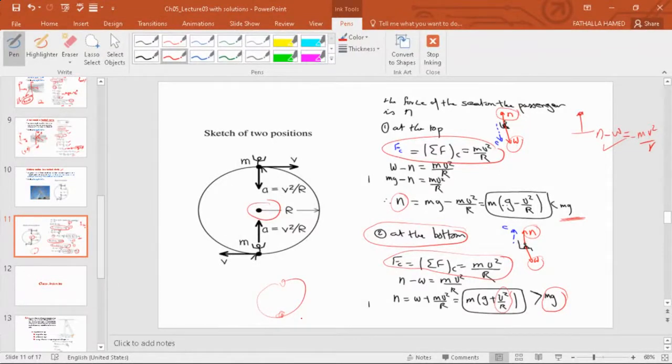Is this clear? Any question on this? So we looked at circular motion when it is horizontal or vertical, but we can consider it as two-dimensional motion here as well. And the force that works toward the center of the circle is equal to mv squared over r.